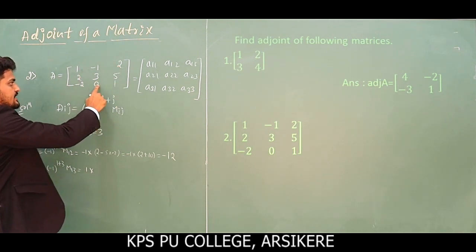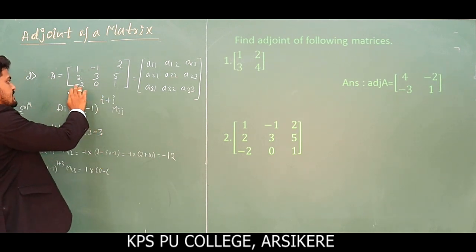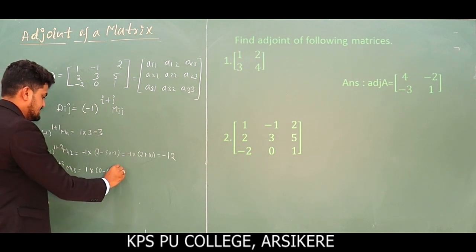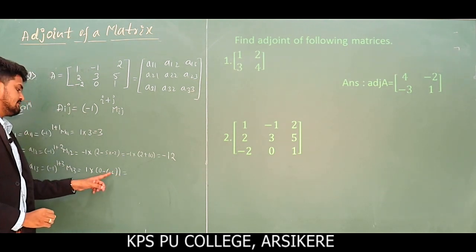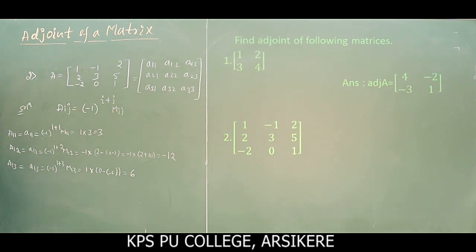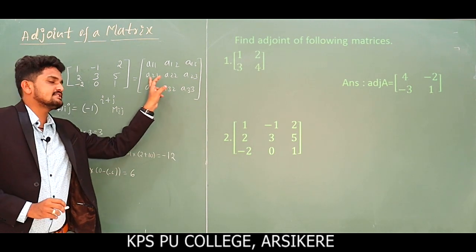So 2 into 0 minus of minus 2 into 3, which is minus into minus plus 6, right? Next, the first row is completed. Next the second row.